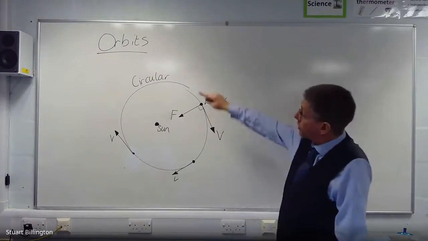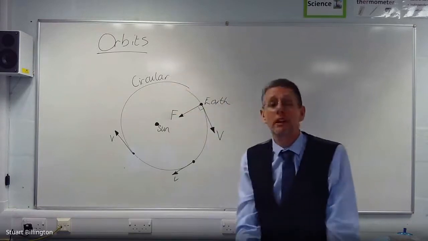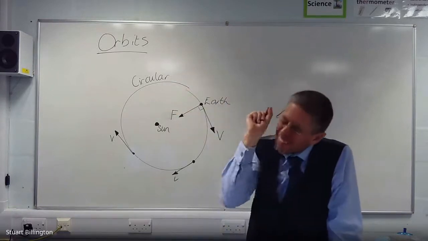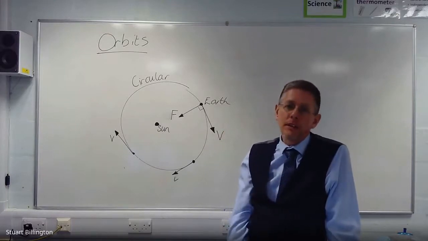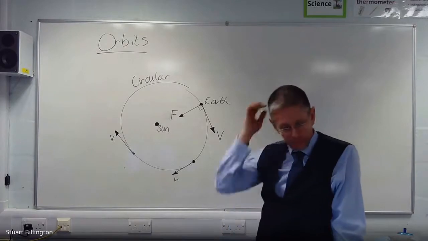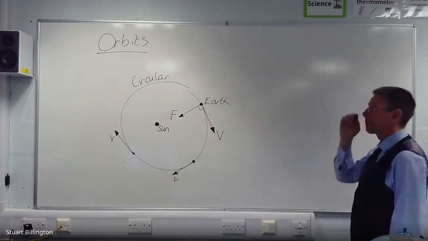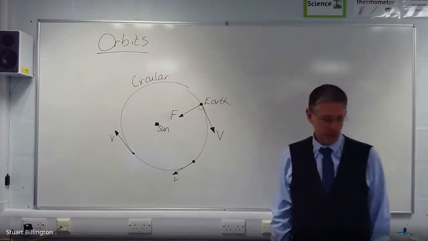And I also want you to note that certainly at GCSE, we are going to assume that orbits are circular, even though it's a tiny little lie. It's only a little tiny one and it doesn't make any fundamental difference to the analysis. I'm just going to give you a minute to finish writing that down.